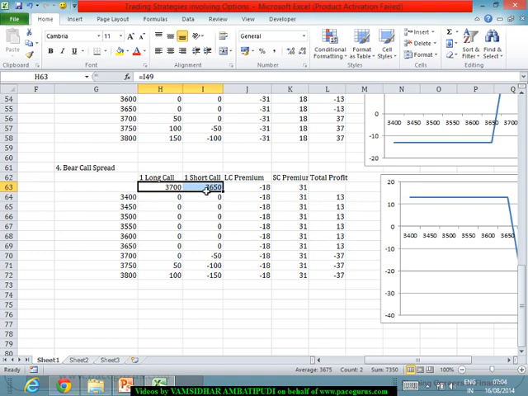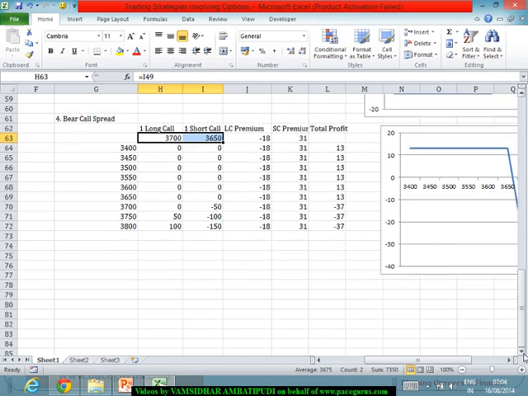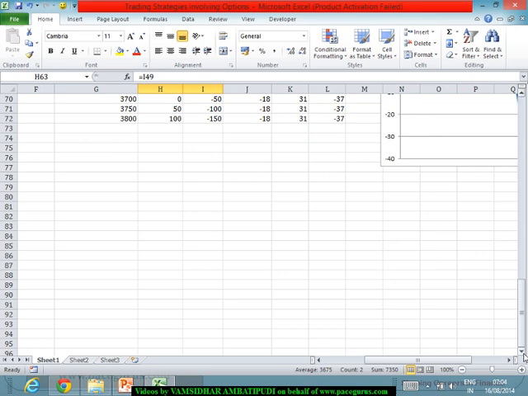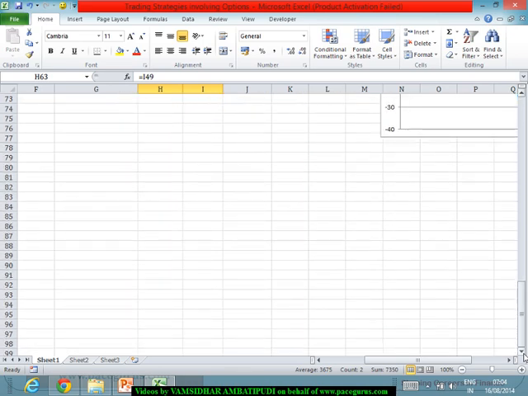The difference between the two strike prices, 3,700 and 3,650 itself. Right? So this is one more kind of spread strategy which we need to be comfortable with.